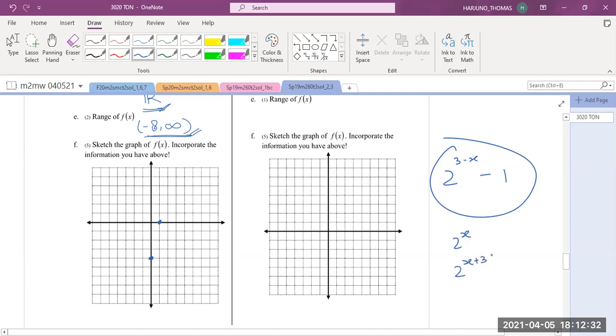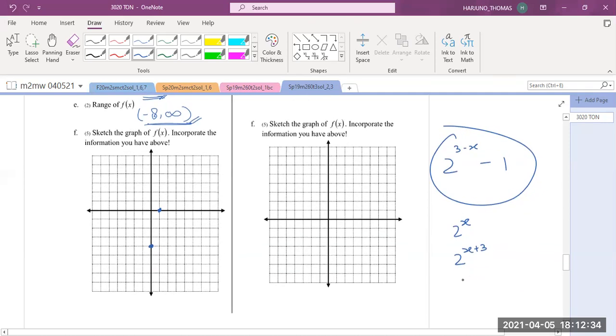You shift 3 units to the left, then reflect with respect to the y-axis, and then move down 1 unit.